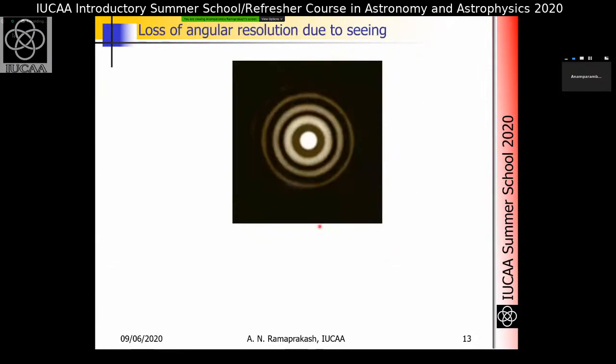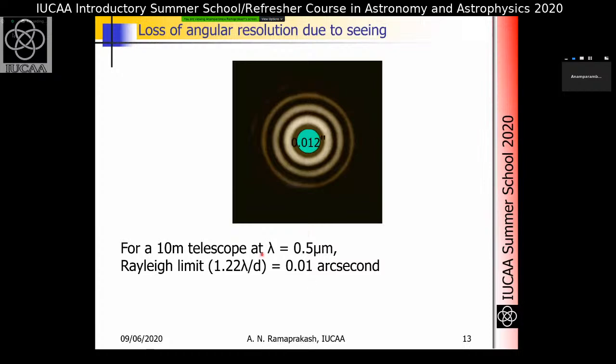Now, let me put this in context. Going back to a diffraction limited image, which looks like an Airy disk, we said that if I observe this target with a 10-meter telescope at a wavelength of half a micron, the size of this central spot should be about 0.01 arcsecond. But in the atmosphere, the smallest eddy sizes are typically of the order of 10 or 20 centimeters.